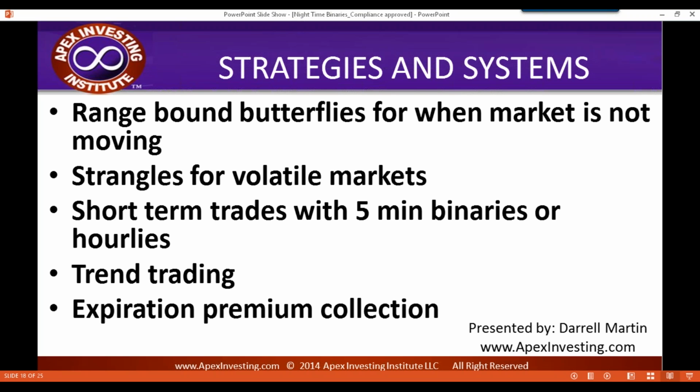I'm going to direct you here where you can now go and learn both types, okay? Where you can watch full webinar videos just like this to show you trade examples, to show you, this is what a range-bound trade is. This is what it means for premium collection. If you're doing range-bound premium collection, here are the right binaries to choose. Here's the wrong type of binaries to choose from. Here are some trade examples so you can see them. And then I'll show you where you can watch some videos on trend trading strategies and what that means.